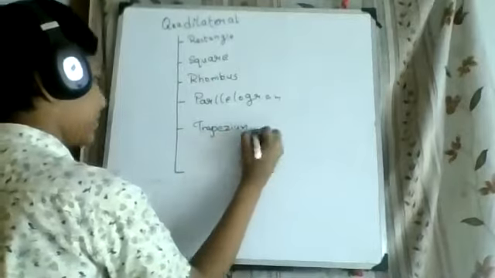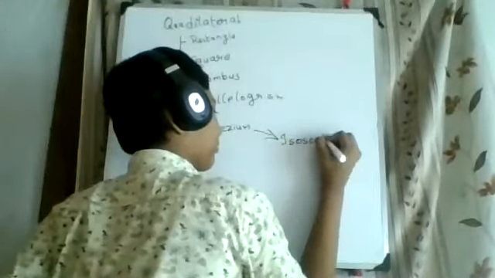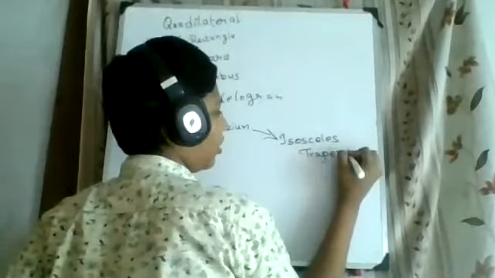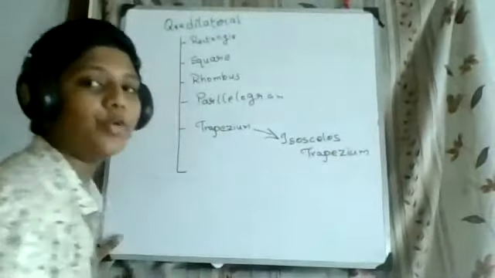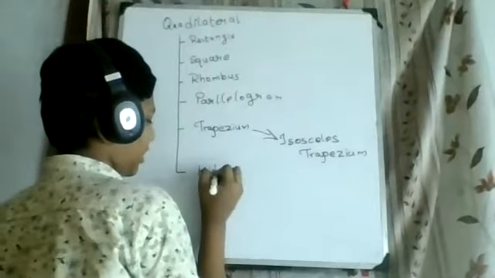In trapezium itself, we have isosceles trapezium. I will show how these are formed and what the properties of each quadrilateral are. And last, we will discuss kite.